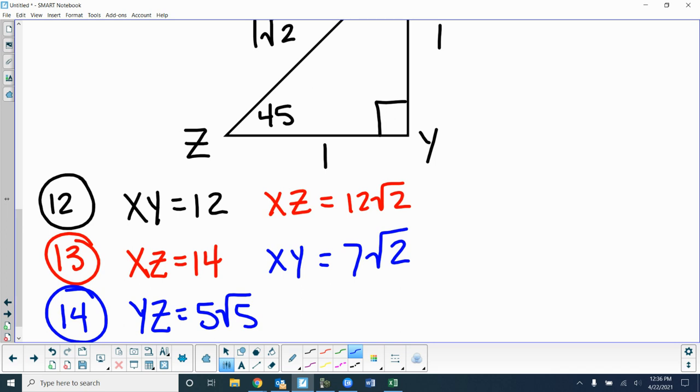Where's YZ? That's this one, right? And what am I asking you for? The hypotenuse, right? So what do you always do to a leg? Multiply by radical 2, right? 5 radical 2.